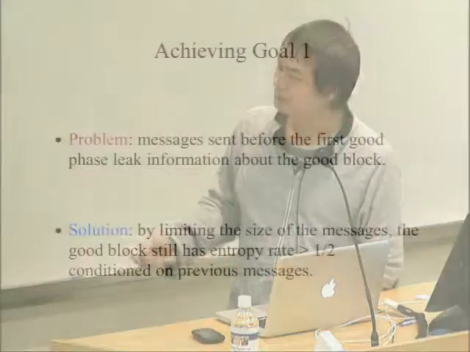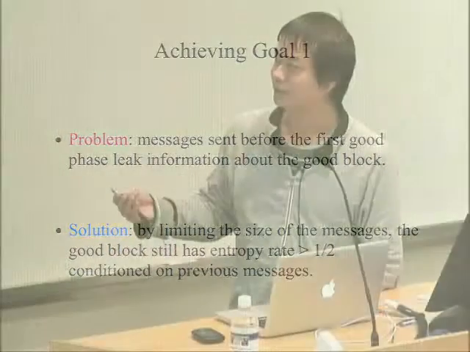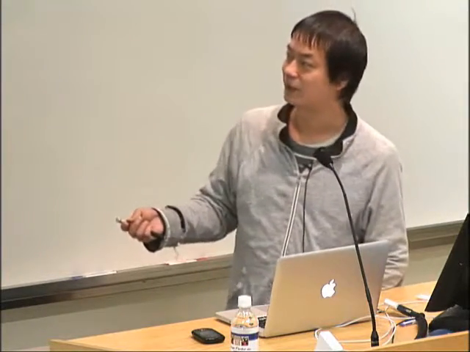But the solution is that we can limit the size of the messages sent before the first good block. As long as the security parameter is not too large, we can limit the size of the messages, because you notice that there's only a constant number of blocks, so there is at most a constant number of rounds. Because the size of the messages is small, the information leaked is small. So you can guarantee that even if you condition on all the messages sent before, the good block still has entropy rate greater than half.